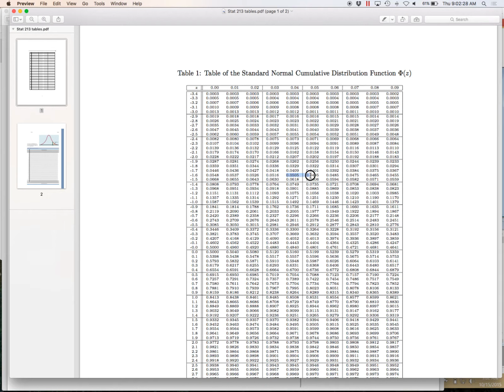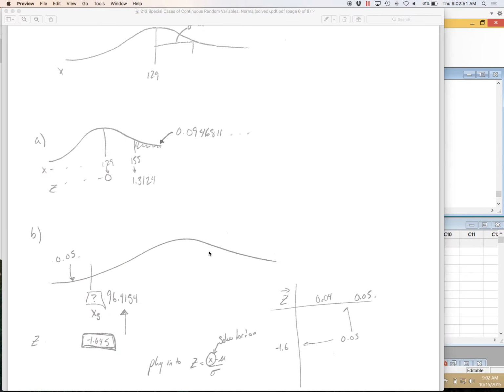In between this value and this value, I don't have 0.05, but I know it's in between these two values. This is in the row negative 1.6, and in between 0.04 and 0.05. You could estimate then and say in between those is 0.005. You could say negative 1.645. You could do that. I don't suggest it.